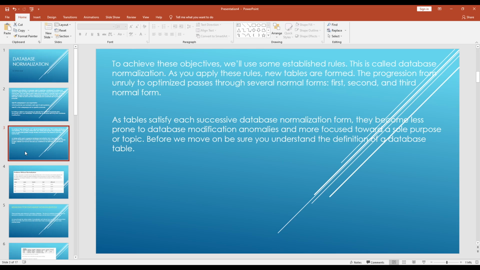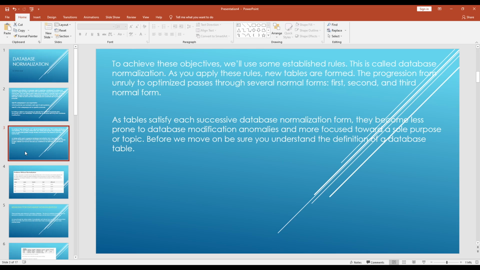As tables satisfy each successive database normalization form, they become less prone to database modification anomalies, and more focused toward a sole purpose or topic.